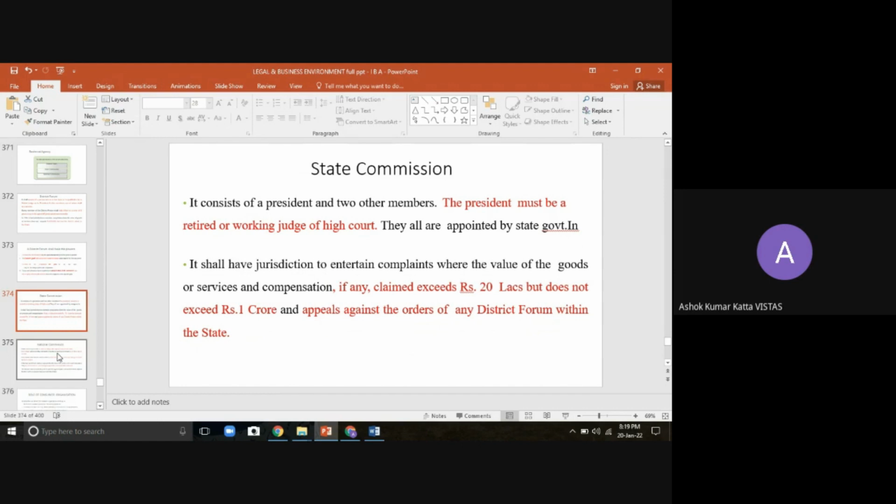If he does not accept, you cannot file a case at the state commission. Definitely you require his approval or permission. So the state commission will handle those transferred district level cases, plus losses between 20 lakhs and 1 crore.